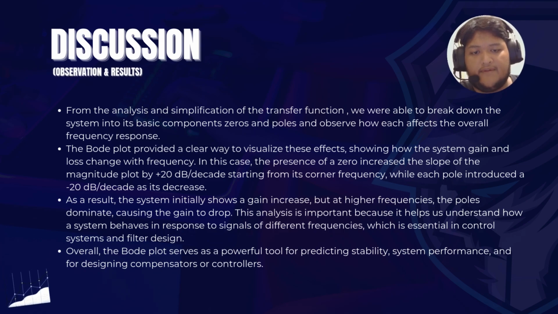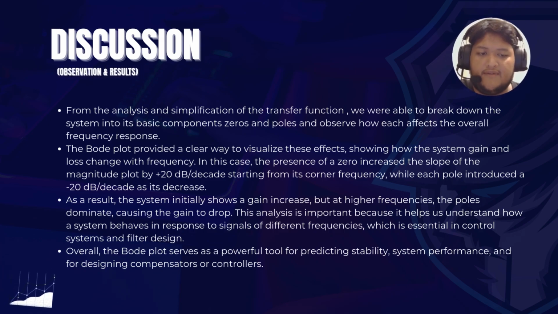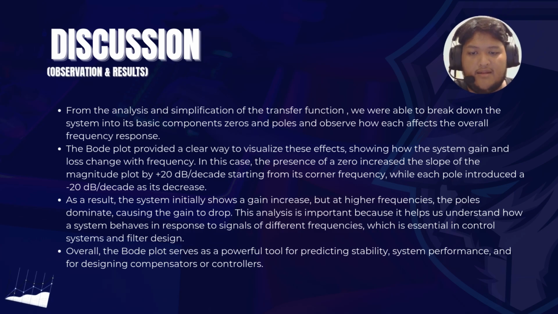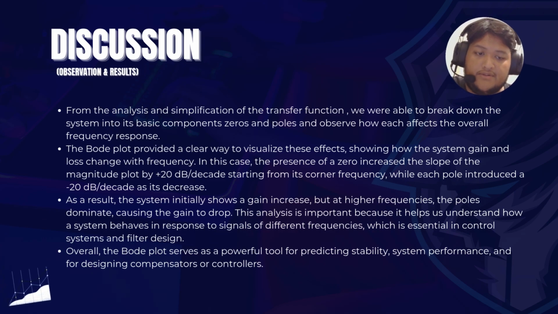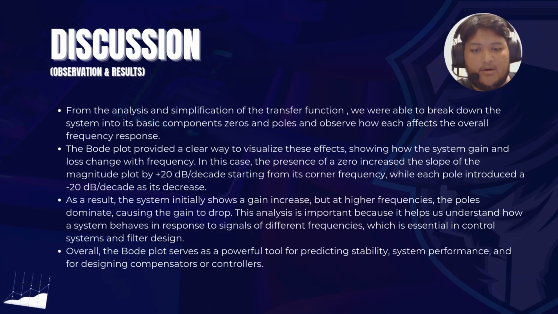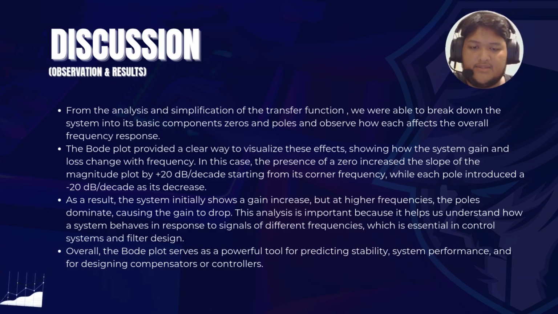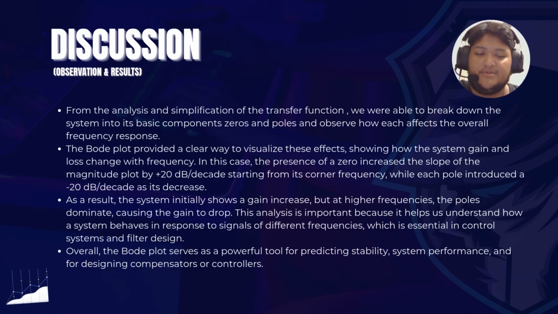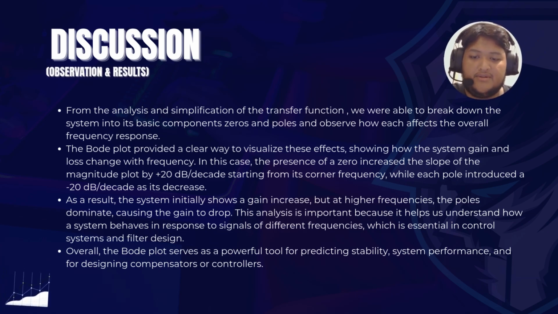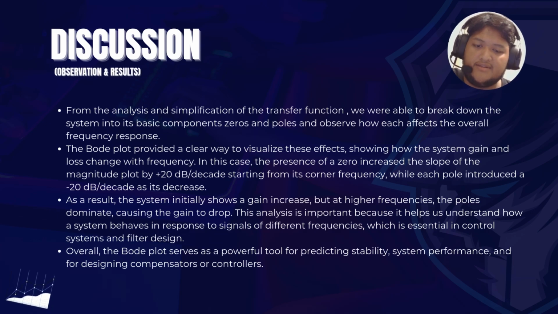The Bode plot provided a clear way to visualize these effects, showing how the system gain and loss change with frequency. In this case, the presence of a zero increased the slope of the magnitude plot by plus 20 decibels per decade, starting from its corner frequency, while each pole introduced a negative 20 decibels per decade.